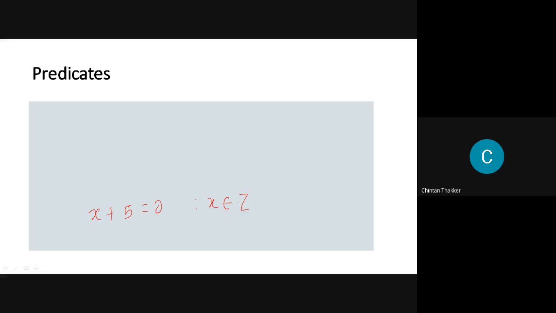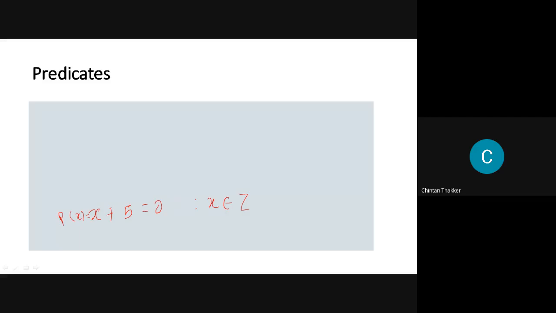Here x belongs to Z, that means that is called the domain, and this statement x plus 5 equal to 0 we denote by p of x, because there is one variable. Now the truth value of this statement depends on x.